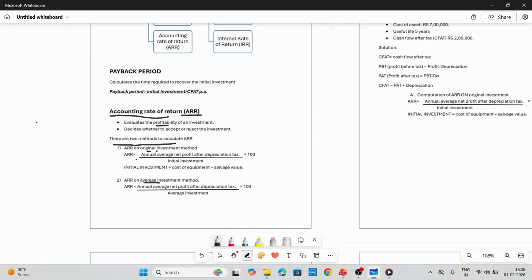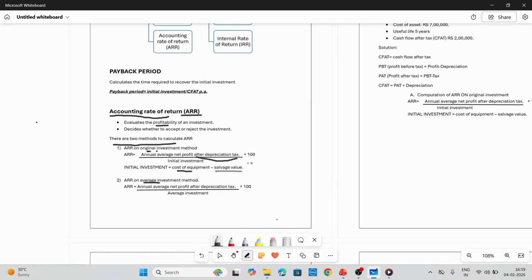In the original investment method, ARR is equal to annual average net profit after depreciation and tax divided by initial investment. To calculate initial investment, we use the formula: cost of equipment, meaning cost of machinery or plant, minus salvage value.